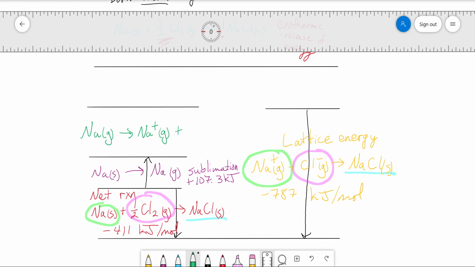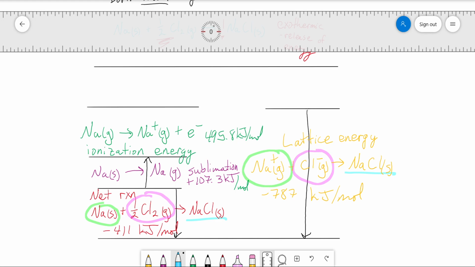And what did we do? We lost an electron. This is the ionization energy. Okay? And that has an energy of 495.8 kilojoules. Okay, and all these things, they're all kilojoules per mole. And all of these can be looked up. Okay, I'm not making any of these up.